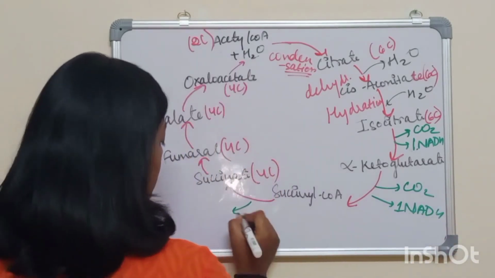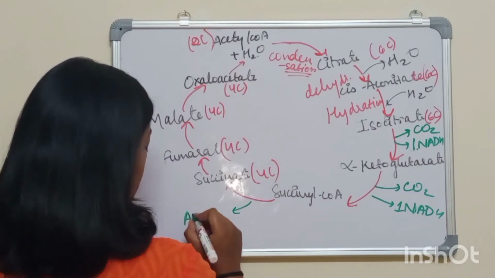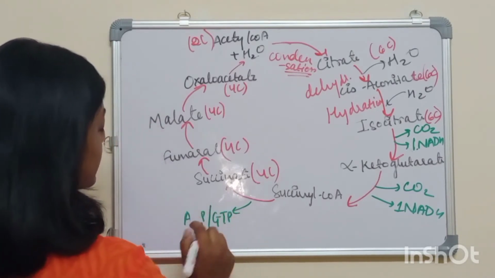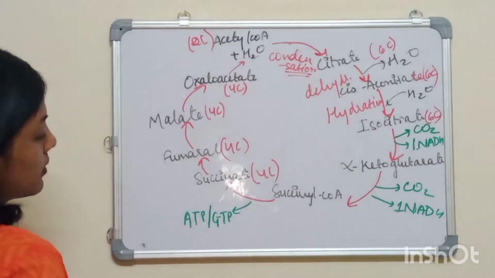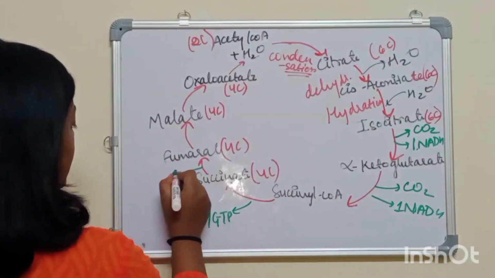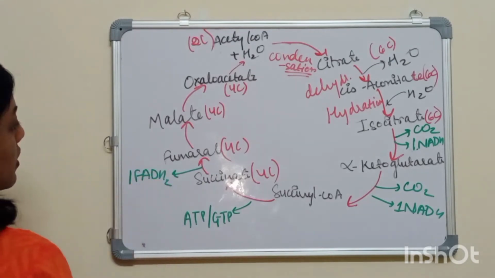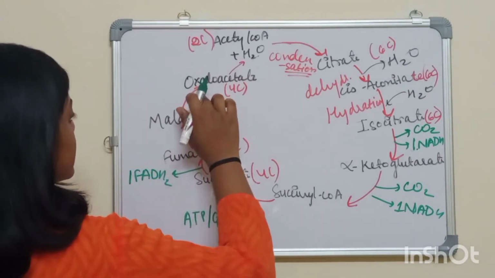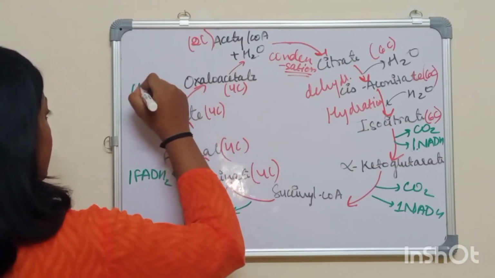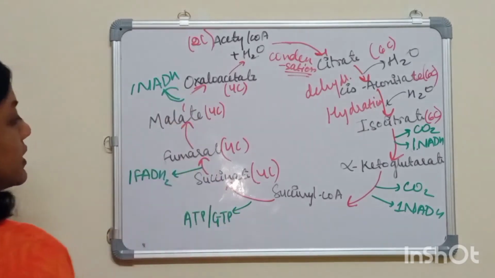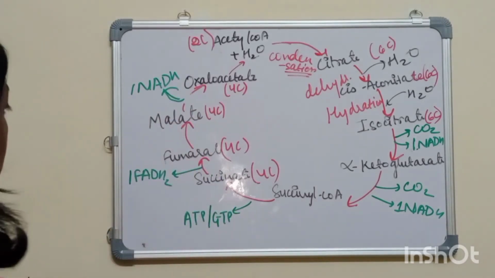In the next step, one ATP or GTP is produced. In the next step, one FADH2 is produced. And in this step, one NADH is produced again. Okay.